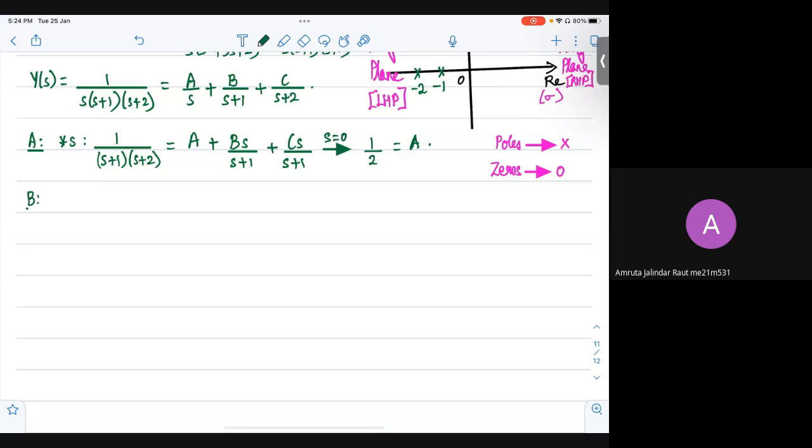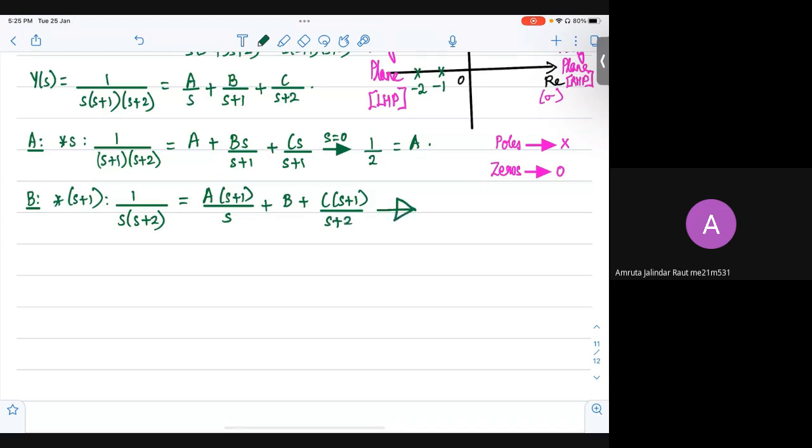Now, if I want to calculate b, I essentially multiply by s plus 1. Consequently, on the left-hand side I will get 1 divided by s times s plus 2. That is going to be a times s plus 1 divided by s, plus b, and then c times s plus 1 divided by s plus 2.